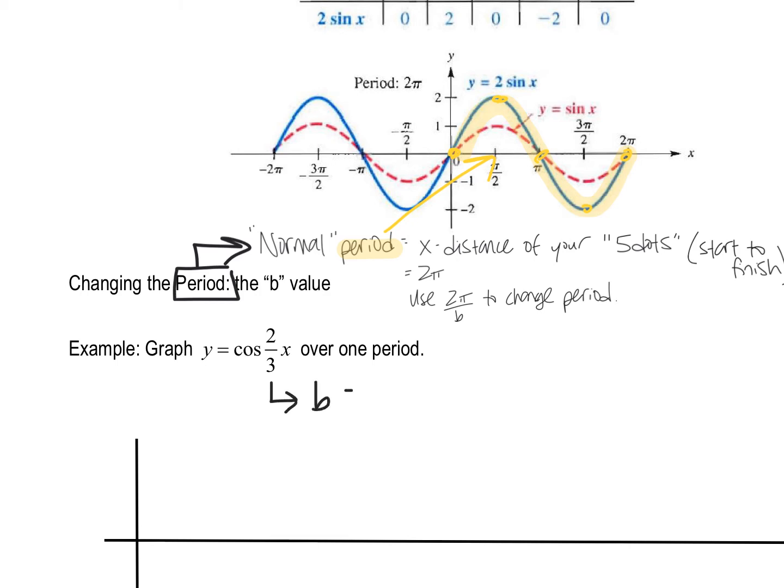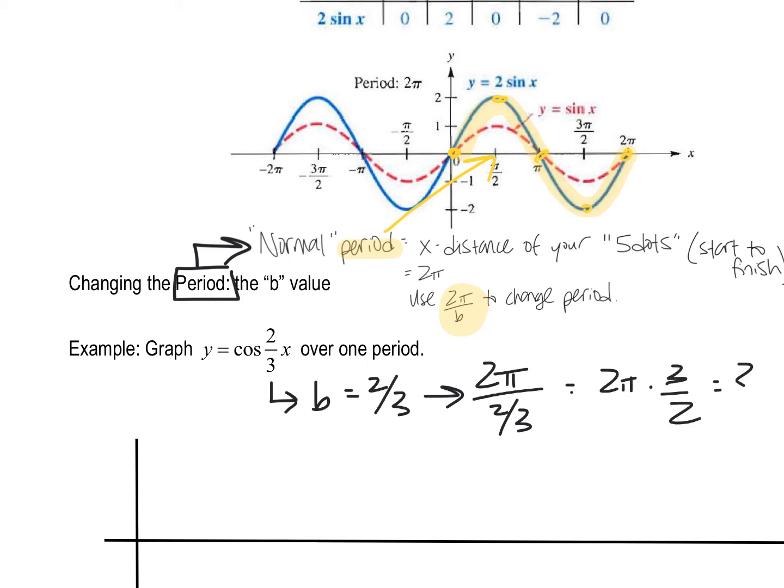This means that B equals 2/3. So I am going to use this formula right here, 2 pi over B, to figure out my new period. So 2 pi over 2/3 is the same as 2 pi times 3 over 2, so 3 pi. Okay, that means from start to finish, this number out here is 3 pi.